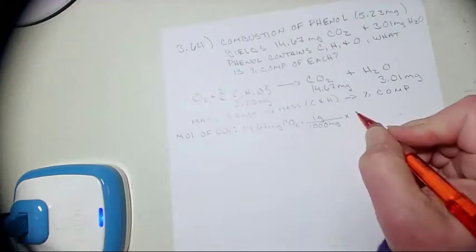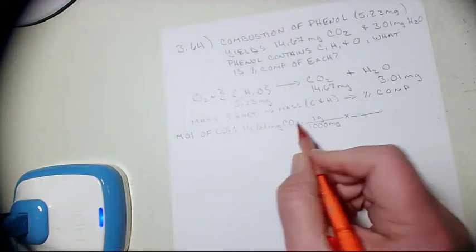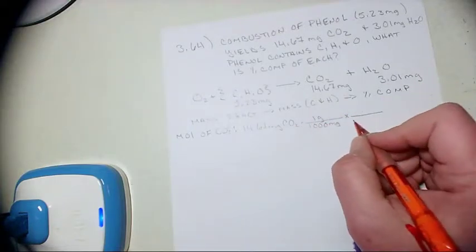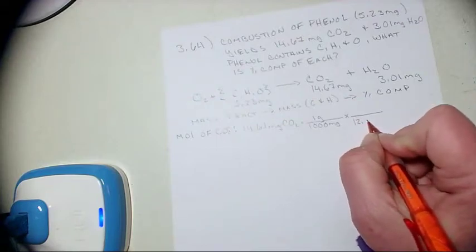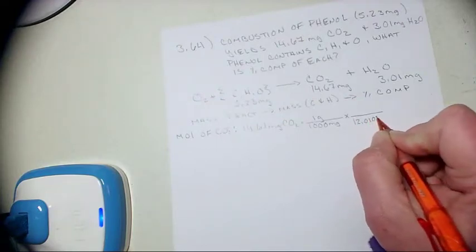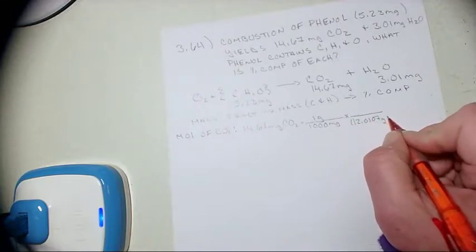Now I want to get into moles. So my mass will be up on top. I'm in grams. So if I just find the molecular mass of this, then I can have moles of my carbon dioxide. So my molecular mass is the 12.0107 grams of carbon.